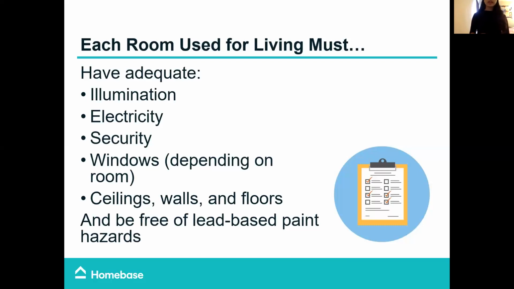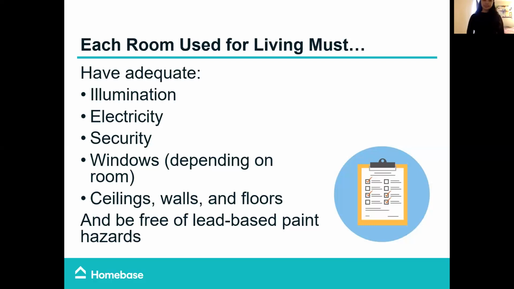And here you're looking for peeling, chipping, chalking, and cracking. This is often caused by moisture or poor surface preparation. If the affected areas are more than 20 square feet on the exterior or more than 2 square feet on the interior, the unit must be cleared.